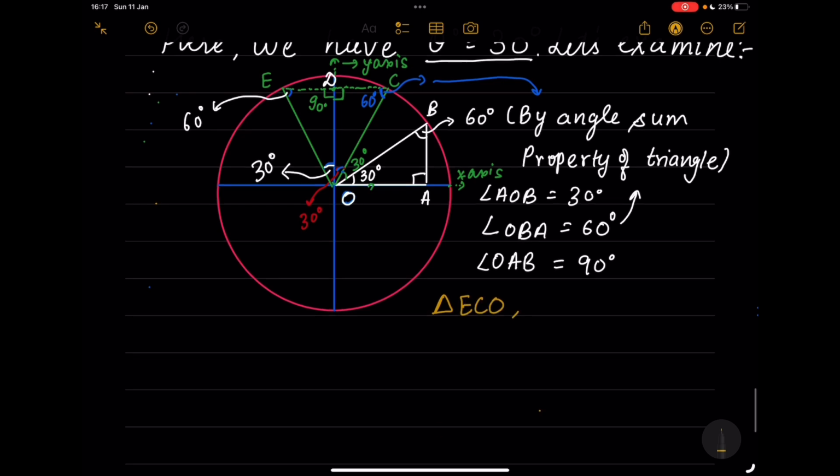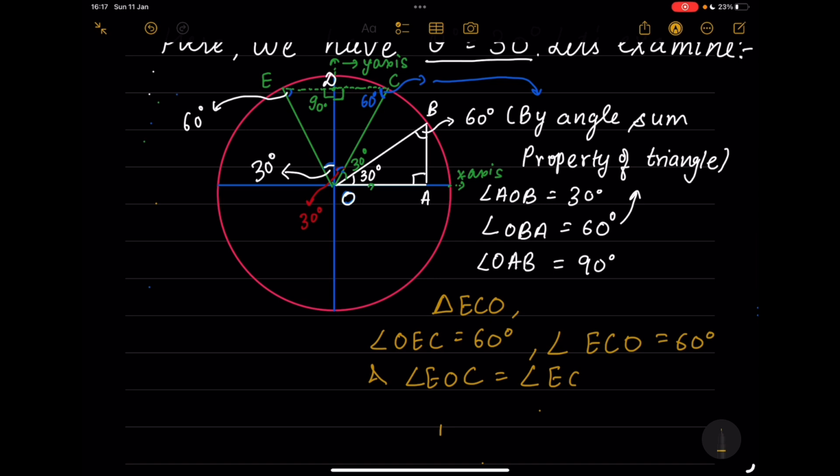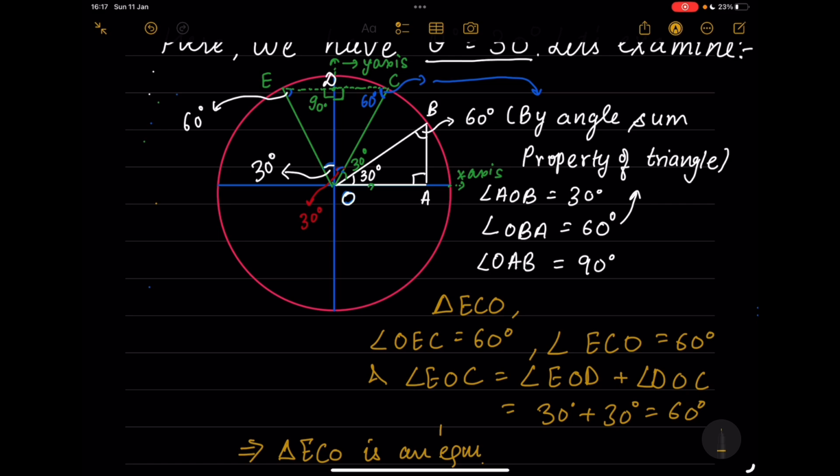Now in ECO we see that angle OEC is 60 degree, angle ECO is 60 degree, and angle EOC is equal to angle EOD plus angle DOC, which is 30 degrees plus 30 degree, which is equal to 60 degree. So from here what do we get? We get that our triangle ECO is an equilateral triangle.